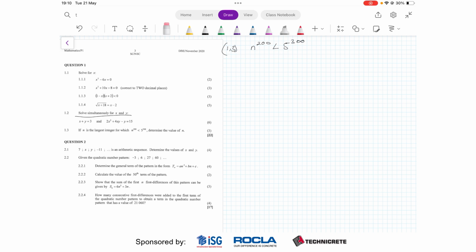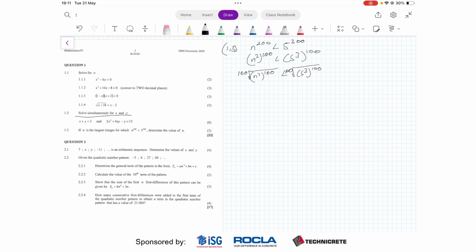We have established that n squared to the power 100 is less than 5 cubed to the power 100. Now we can take the 100th root of both sides.